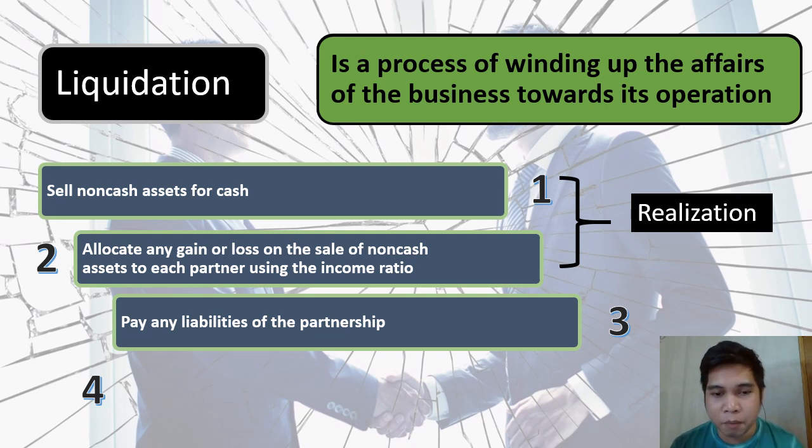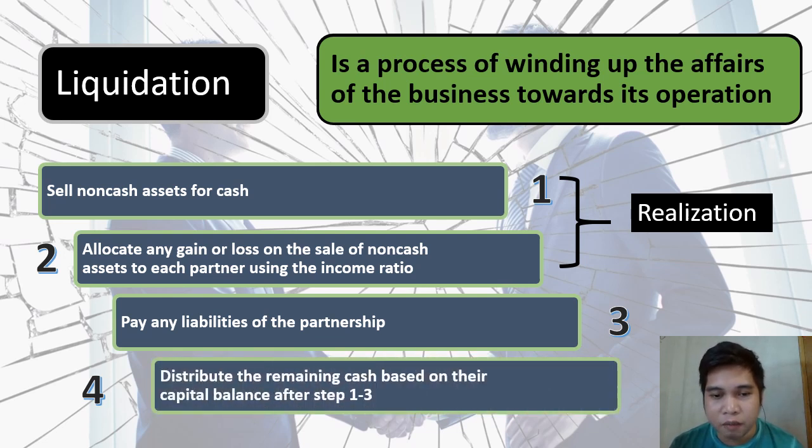So once bayad na po ang ating creditors, of course, doon na tayo sa dulo ng ating step, which is distribution of the cash or the remaining cash based on their capital balance after doing step 1, 2, and 3. So ayun lang po yung mga major activities na pwede natin ma-encounter sa liquidation in case wala tayong problema. So kapag nagkaroon ng problem, discuss natin yan mamaya.